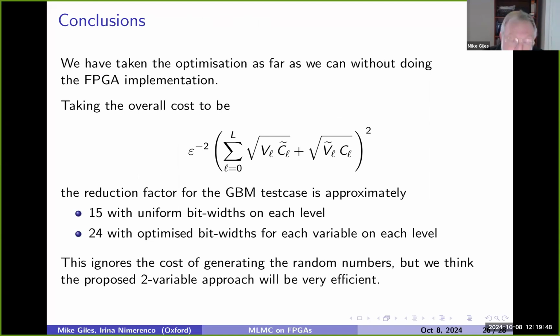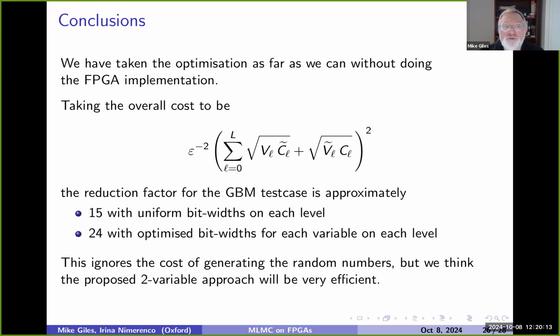So really, at this point, to conclude, we've taken this whole mathematical development and optimization really as far as we can without doing a true FPGA implementation. Now, I said at the beginning that the overall cost is epsilon to the -2 times the square of this sum.